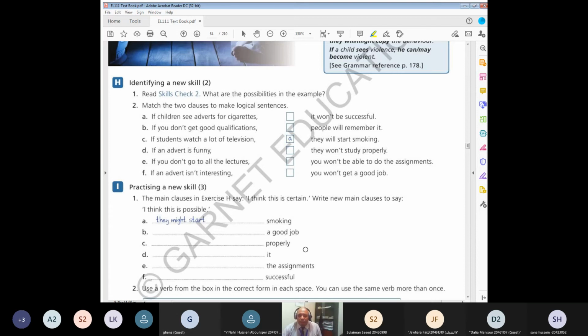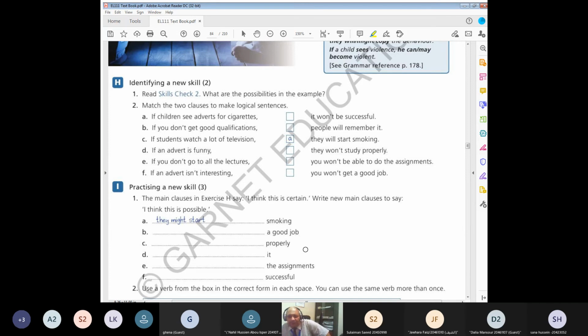Okay, طيب. Let's go back to the answers. I would like you to match the two columns in order to make logical sentences. Okay, so let's do them.